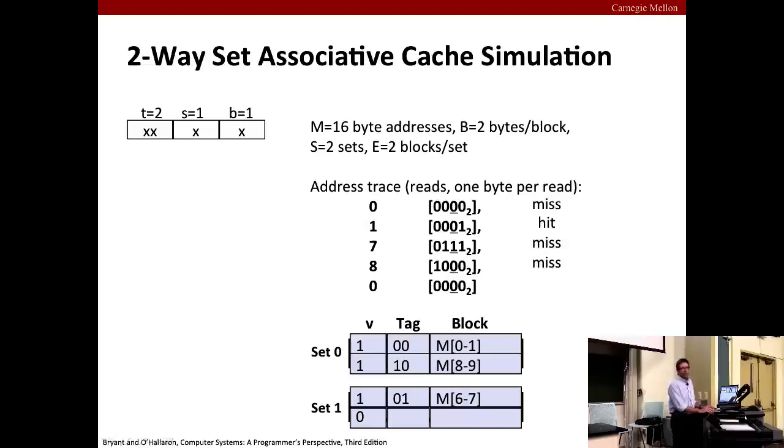If possible, we'll always try to overwrite empty lines. So now in this set we've got block 0, 1 and block 8, 9. So when we get our reference to address 0, whereas before we had a conflict miss in the direct-mapped cache, now it hits, and the cache can satisfy it instead of going to memory. Does that make sense?